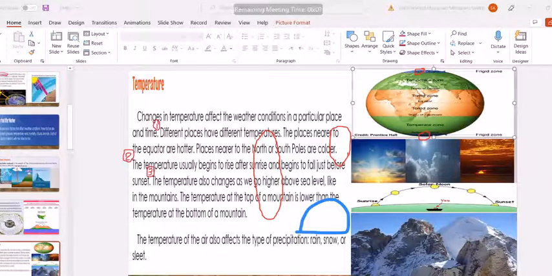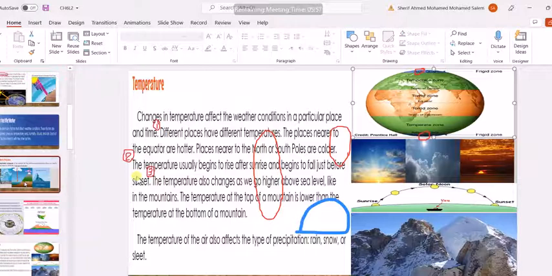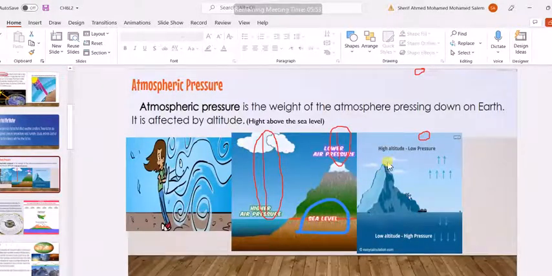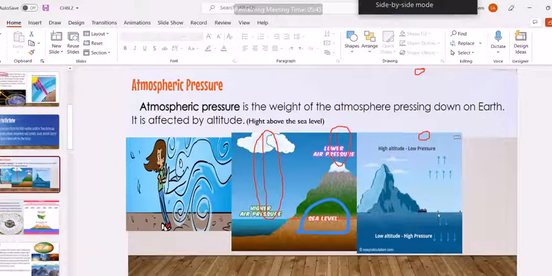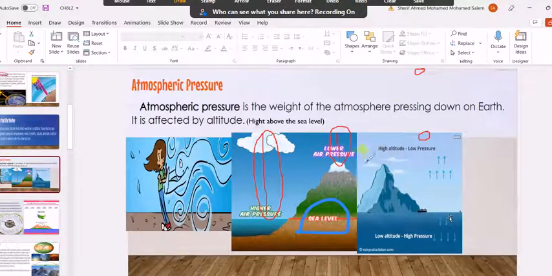In the low area, at the sea level, the temperature is high. So high altitude means low pressure and low temperature. Low altitude means high air pressure and high temperature.